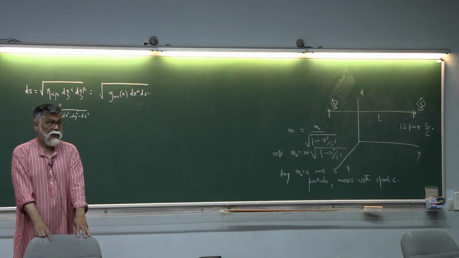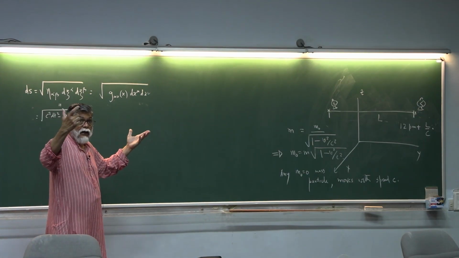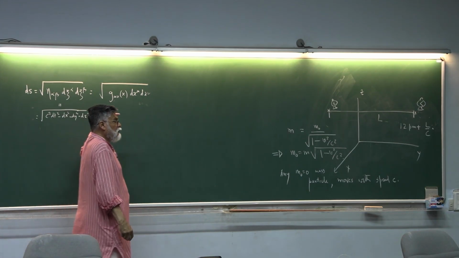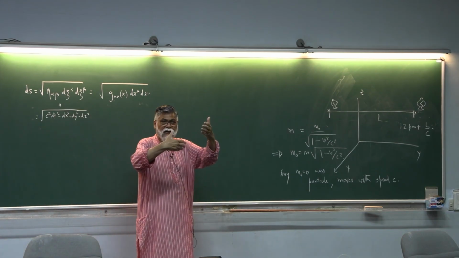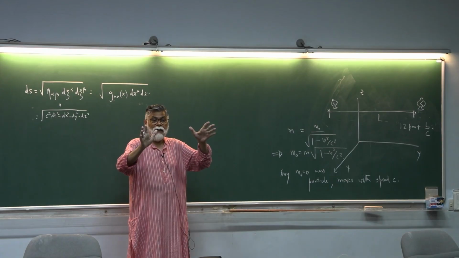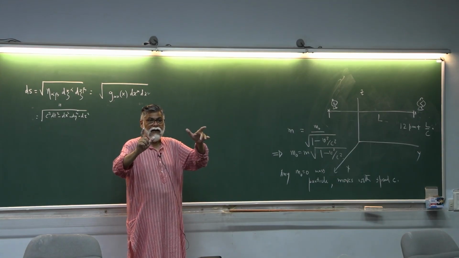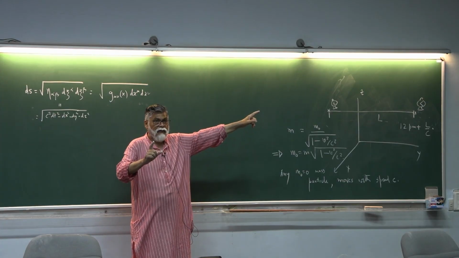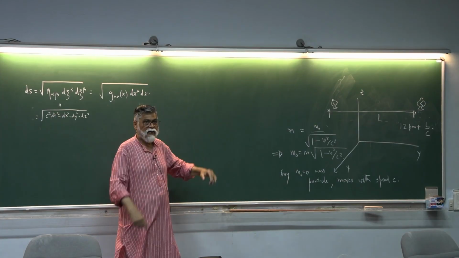Of course, because that's the whole point of that paradox. Very often the paradoxes happen because the observer who is moving with respect to this frame will say, well, your clocks are not synchronized.